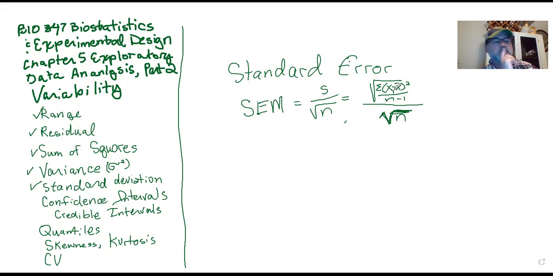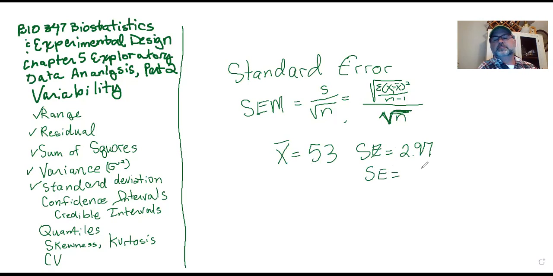So what I mean by that is if I give you two standard errors, 2.97 and 10.1, relative to this mean, right?